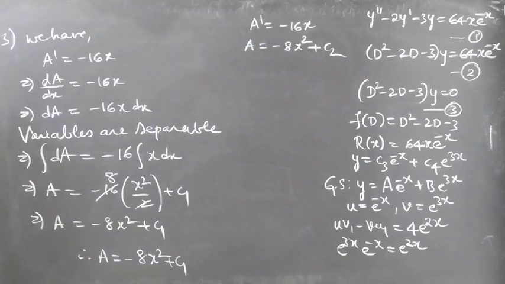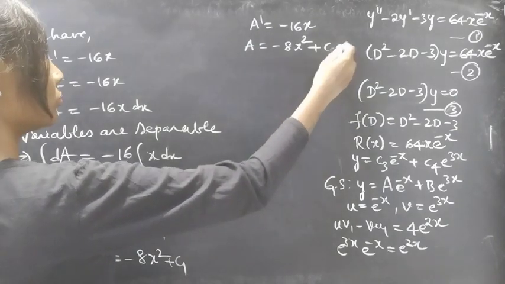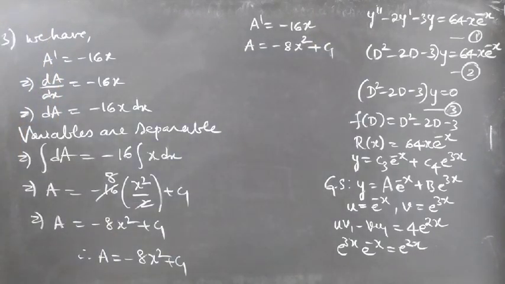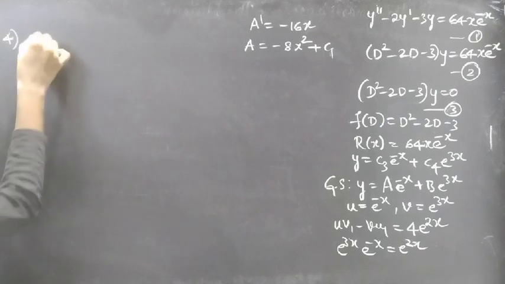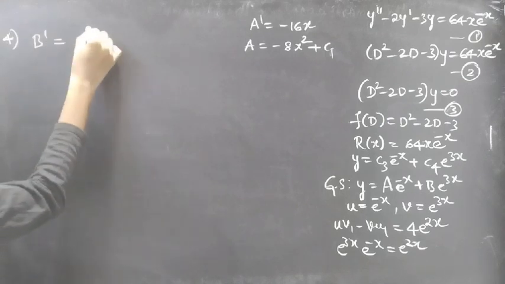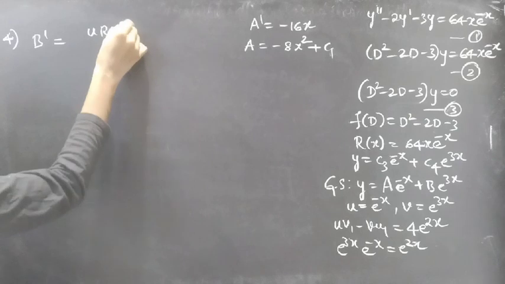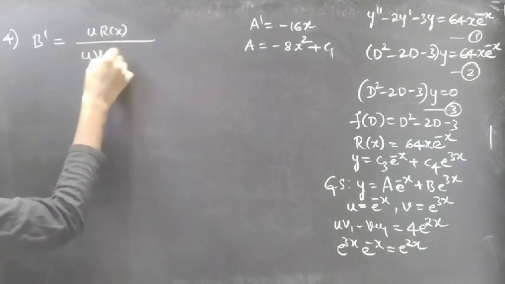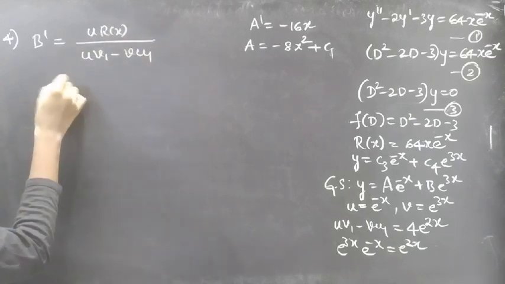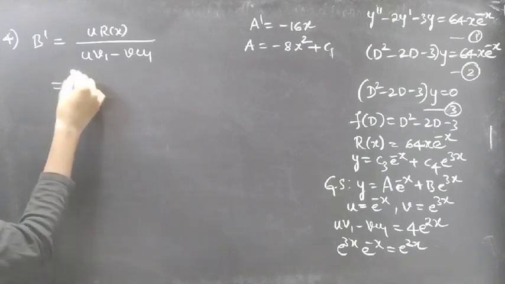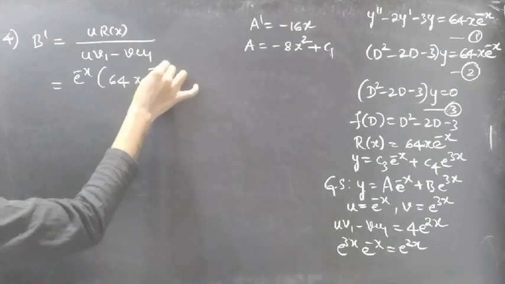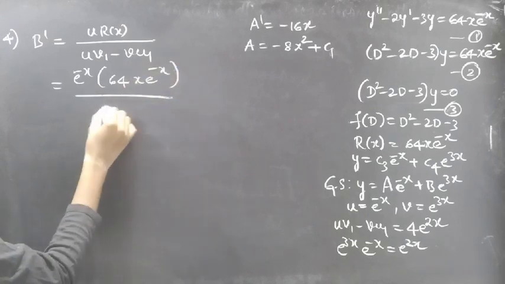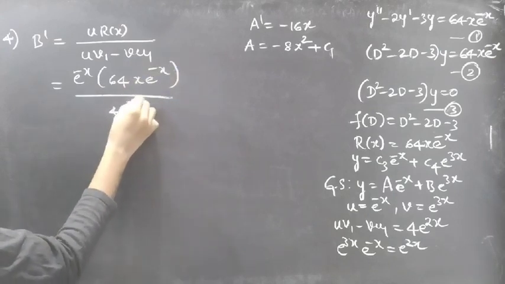Now coming to b dash. It's c1, right? Sorry. b dash is given by u into r of x by u v1 minus u1 v. This equals e power minus x into r of x, 64x e power minus x, by u v1 minus u1 v, which is 4 e power 2x.